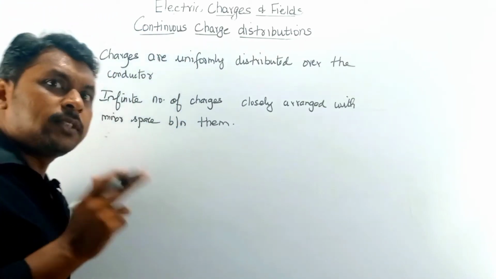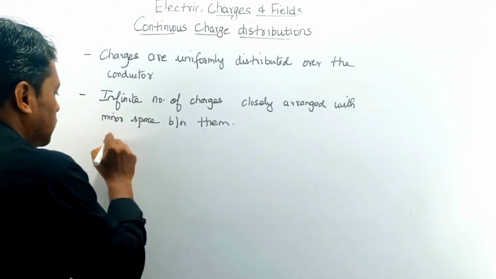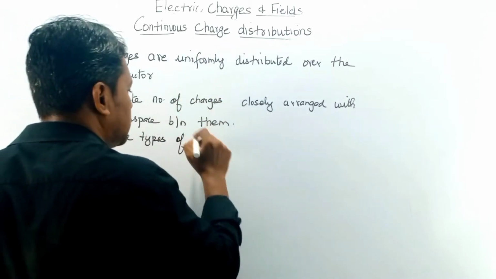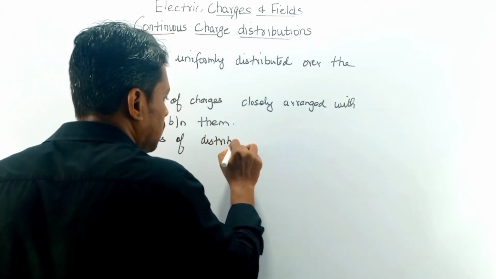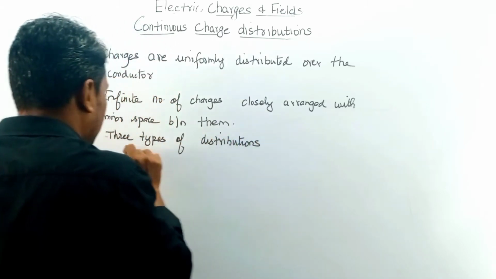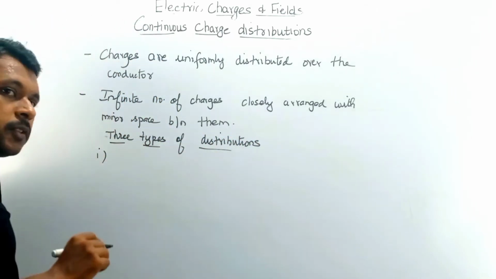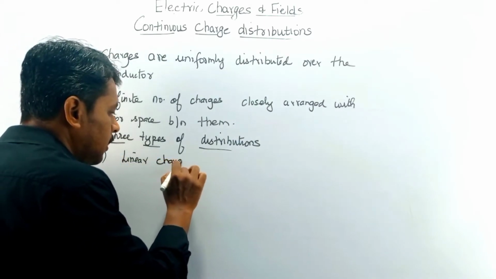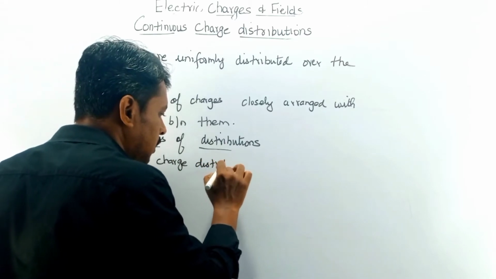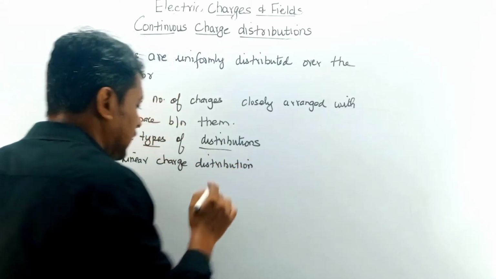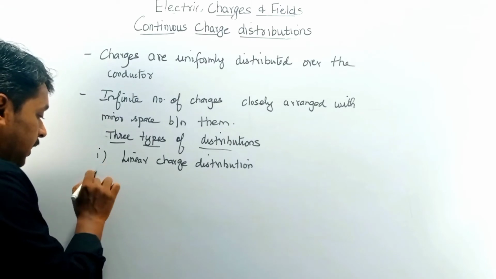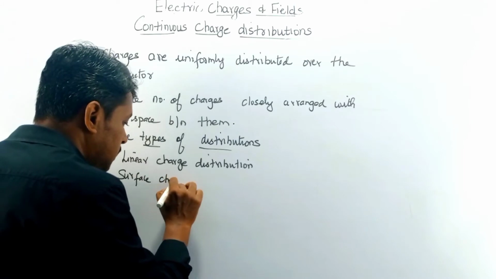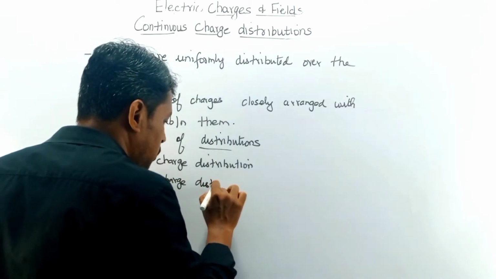We have three types of continuous charge distributions. The first one is linear charge distribution. The second one is surface charge distribution.